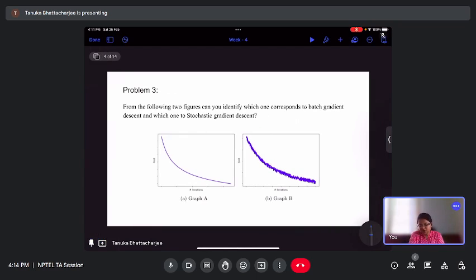Now, you have studied about batch gradient descent and stochastic gradient descent. In batch gradient descent, you take all the training samples together, compute the update based on all the training samples and update the weight based on that.